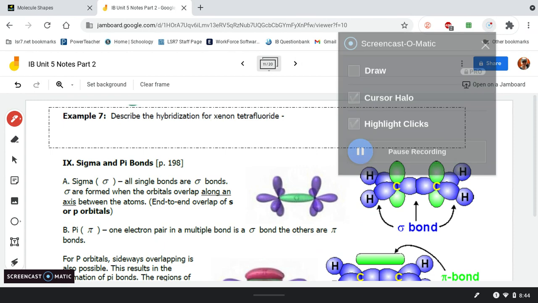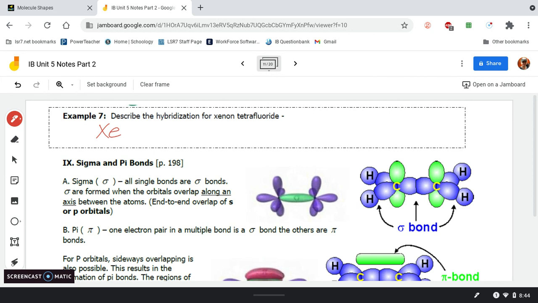Well, let's give it a go. Xenon tetrafluoride is XeF4. Okay, so we're going to have to draw the dot structure. So not a ton of space here. So let's go like Xe, and then let's do these fluorines.